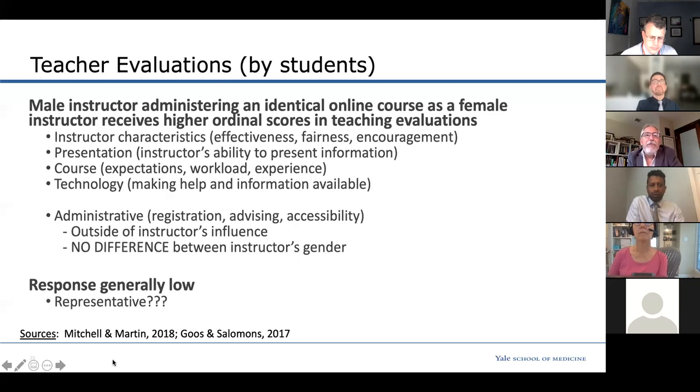And lastly, and very importantly, I think to this group, it's not just us evaluating students, but students evaluate us. And all the same biases can creep in.